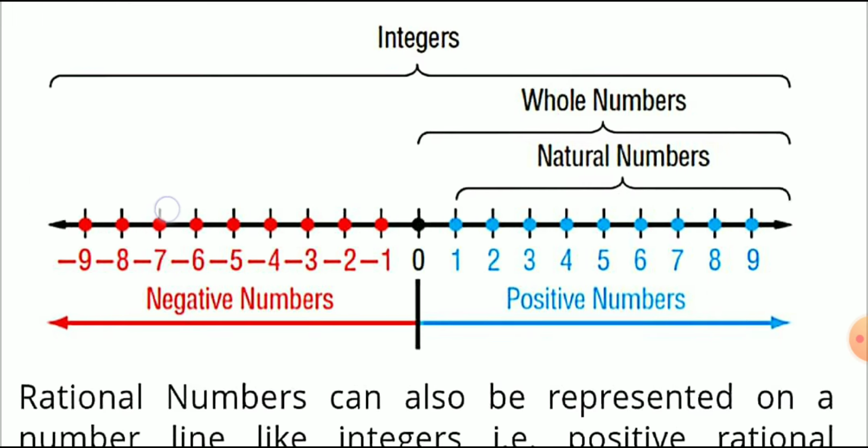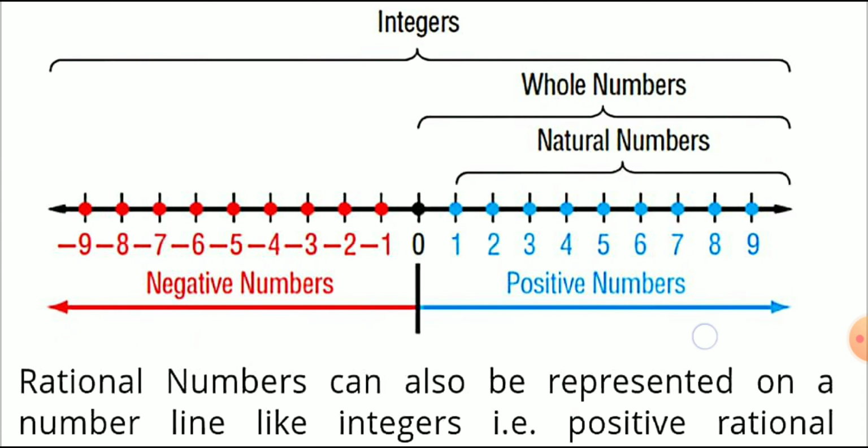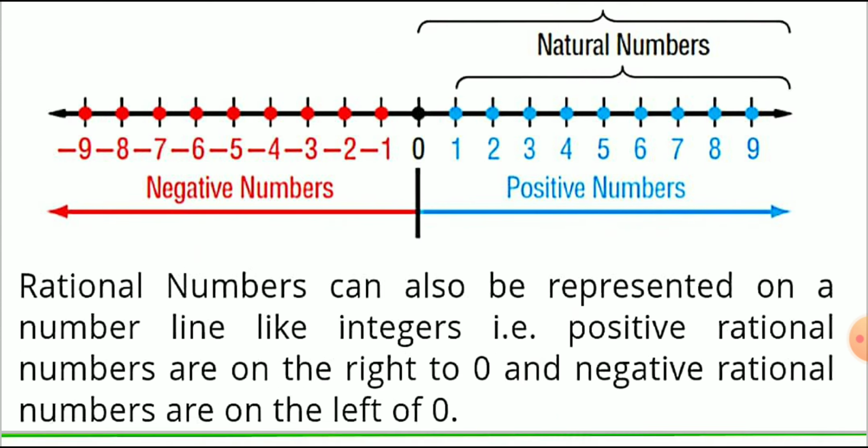So what about the rational number? A rational number can also be represented on a number line like integers: positive rational numbers on the right of 0 and negative rational numbers on the left of 0.